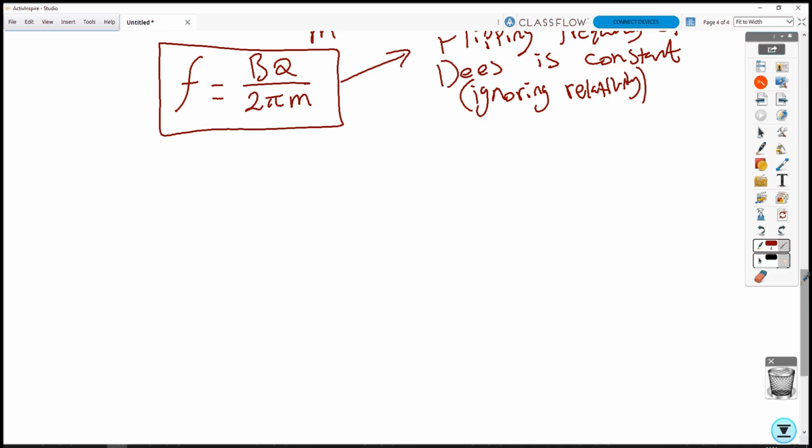But instead, its radius is increasing, so it has to do a bigger distance with each circle. If we kept the size of the circle the same, so it was accelerating within a circle, then the frequency would have to change as well. But that's not what happens. It spirals outwards, keeping omega the same.